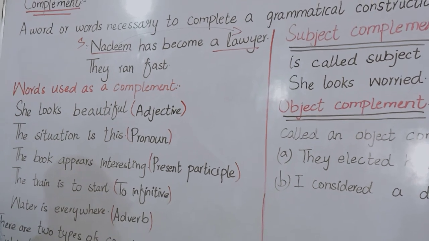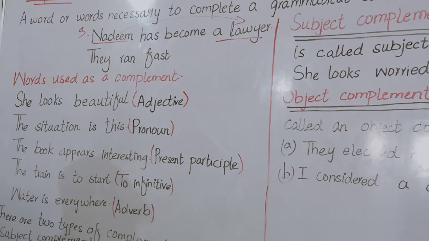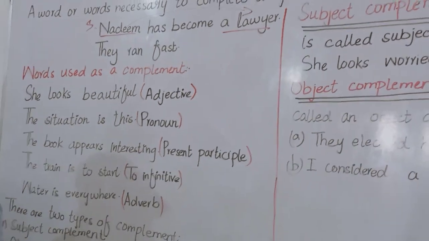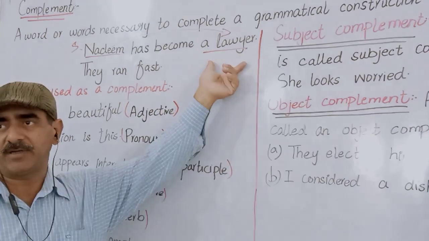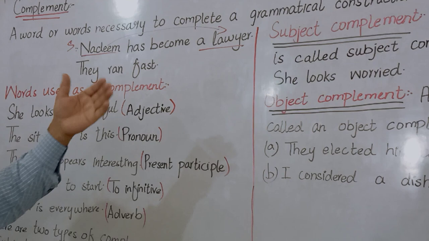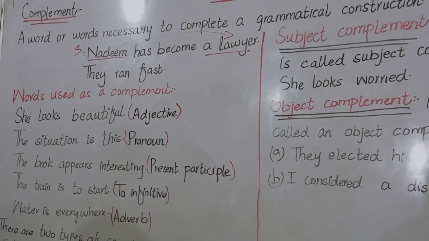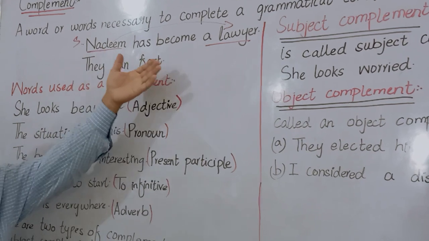If we say "Nadeem has become," it is incomplete. It gives a sense but not a complete sense, until we place a liar over here, or any other word or title that we want to give to Nadeem. So that which completes the subject is called a subject complement.